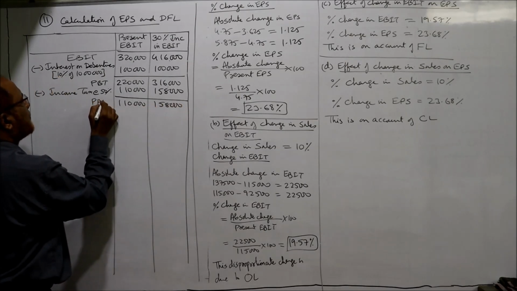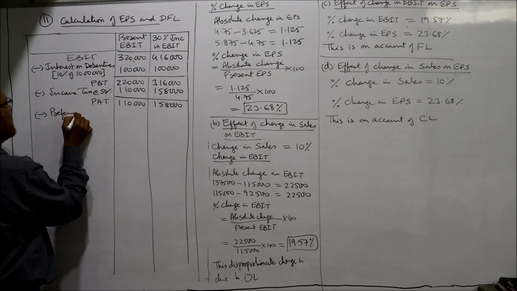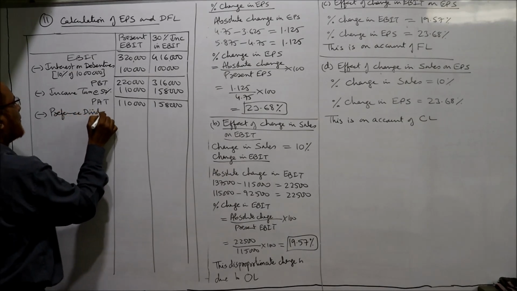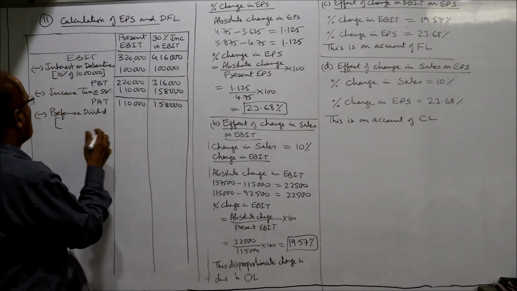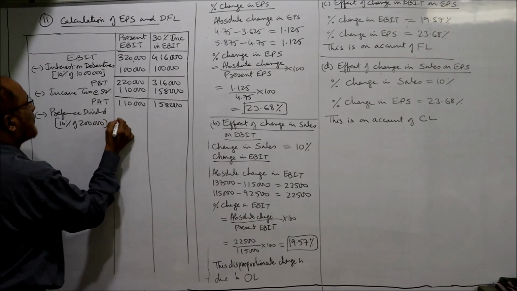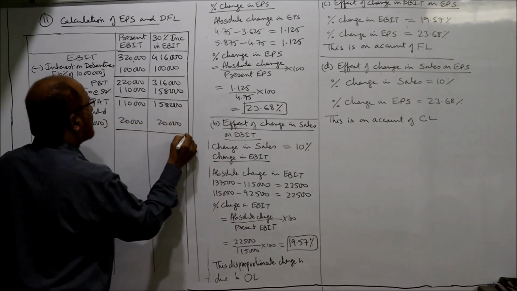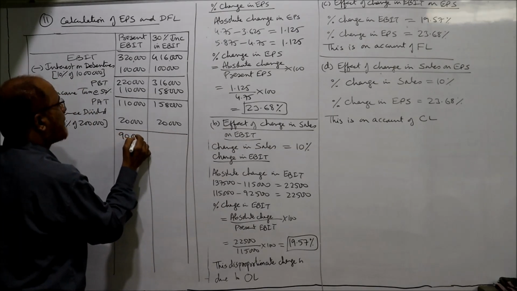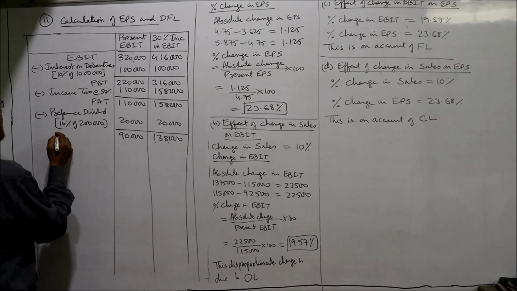This is PAT. From PAT we subtract preference dividend. The preference share capital is given in the problem, 10% of 2 lakh, which is 20,000.